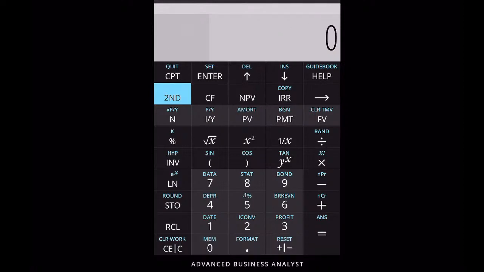I put 0 into payment, because there are no payments. It's just a lump sum amount of $900 accumulating to make 1,000. So that's a positive in FV. And finally, I ask the calculator to compute CPT, the interest rate.